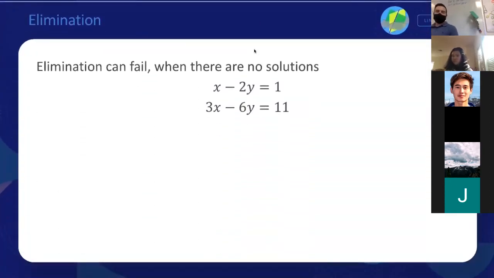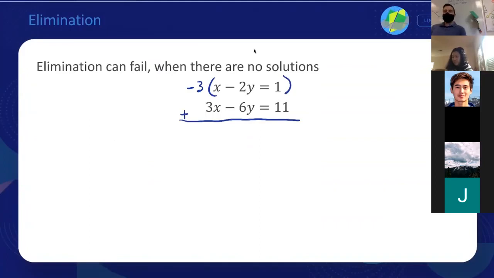Sometimes elimination fails. It fails usually when there are no solutions. So if I take these 2 equations and try to solve the system, I may look and think, I can eliminate the x's by taking -3 times that entire first equation and adding it to the second.